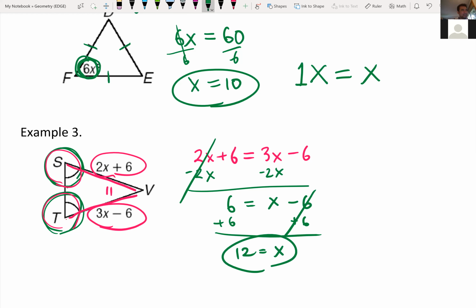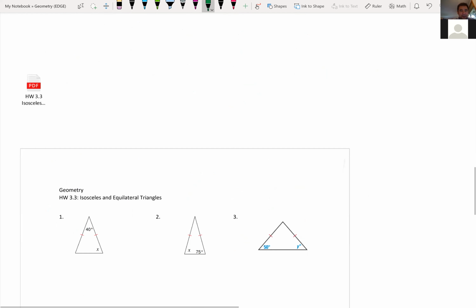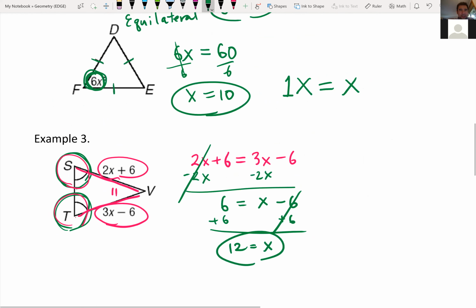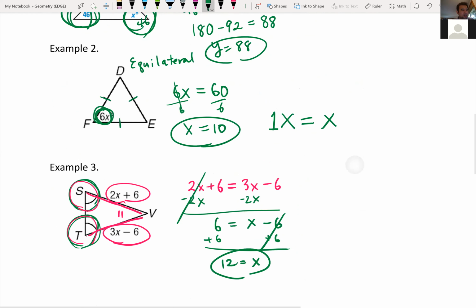Is everybody good? So these are the type of questions you're going to be looking at for the assignment, quiz, and the test. Okay. So let's just jump right into the assignment. Does anybody need more time to write down any part of the notes so far?